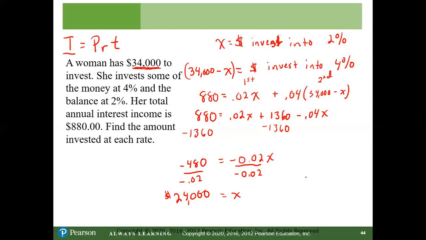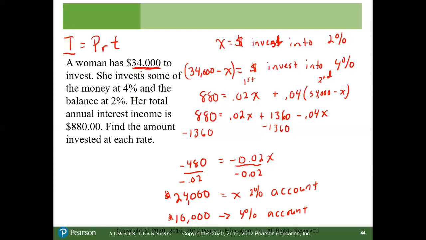And that means that $10,000 is going into the 4% account, because 24,000 is going into the 2% account. Okay, so it's pretty slick how we were able to do this, even though it seems like there's too many unknowns going on here.